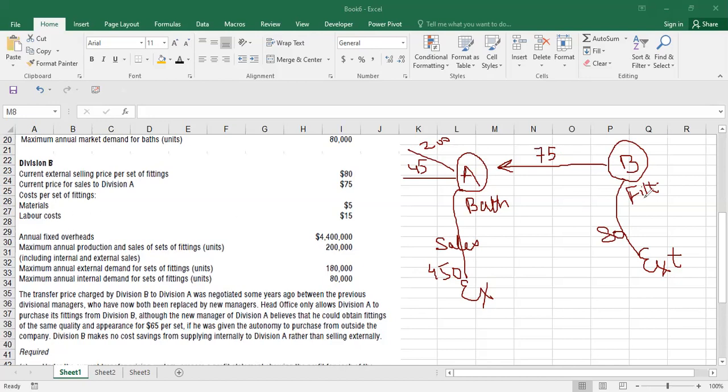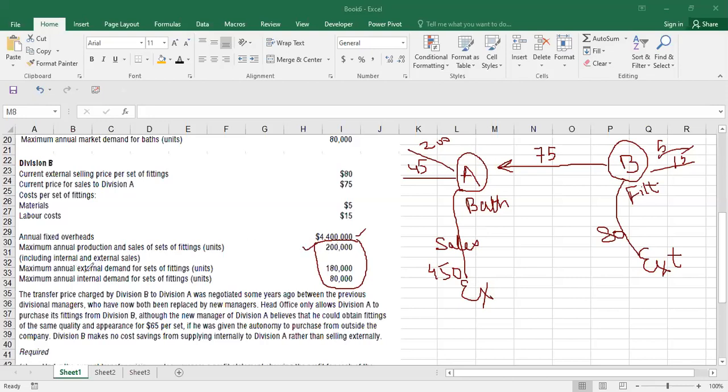Their material costs are 5 and they have a labor cost of 15. And then they also have some annual fixed overheads, 4.4 million. And this is very important information to remember, because maximum annual production is 200,000 units.